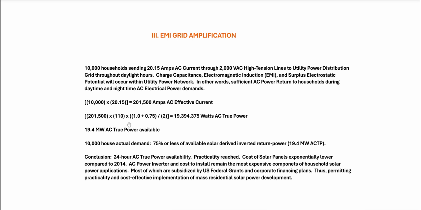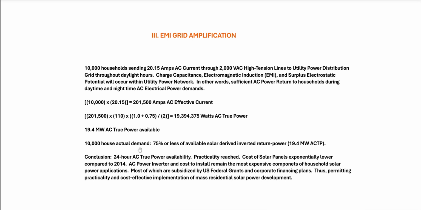And so the actual measured value will be right around 19.3 megawatts of AC true power out of 10,000 households with solar panels. If we then break that back down into each household, this will overproduce power by at least 25 to 50%.